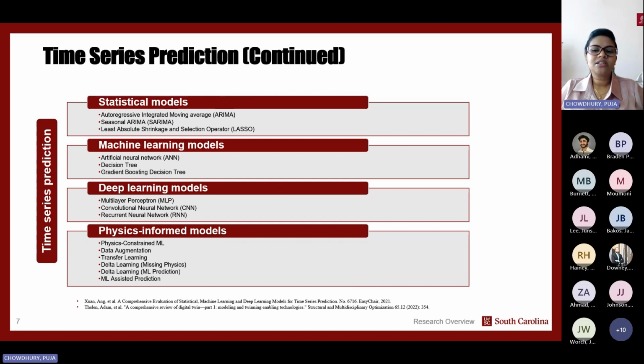Recently, a huge interest has developed in physics-informed machine learning models. Mainly there are six types of physics-informed models: physics-constrained machine learning, data augmentation, transfer learning, and three types of hybrid learning. The first is missing physics, the second is machine learning prediction, and the sixth is machine learning assisted prediction. So this is the overall scenario of time series prediction classification.